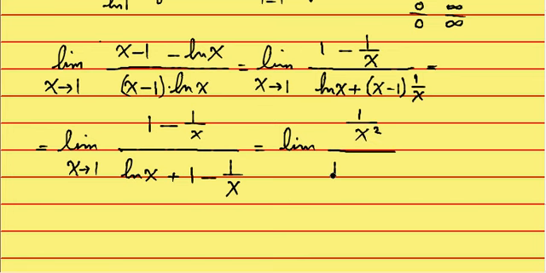Derivative of logarithm of x is 1 over x. Derivative of minus 1 over x is 1 over x squared. Now remember, x is approaching 1. And with x approaching 1, this is no longer ambiguous. This is just 1. 1 plus 1 makes a half. And that is our answer.